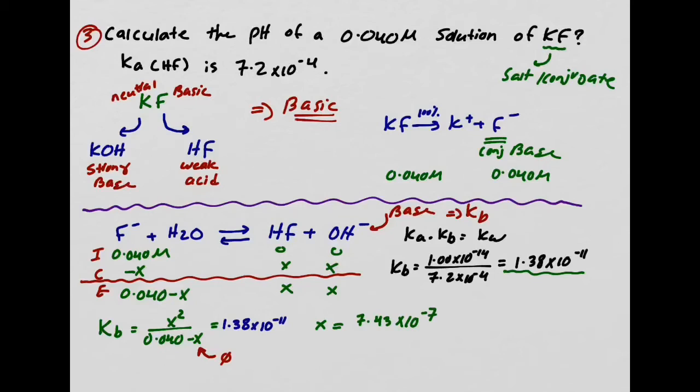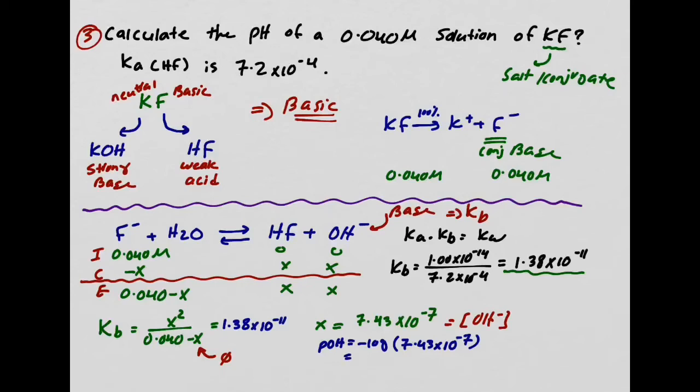Now, what does x represent? That is going to help me out. The x represents the OH minus concentration, and that's going to be helpful. Every time I have that, I could figure out the pOH. So every time you have hydroxide concentration, figure out what you could, which is pOH. So I'm going to figure out the pOH: minus log of 7.43 times 10 to the minus 7.